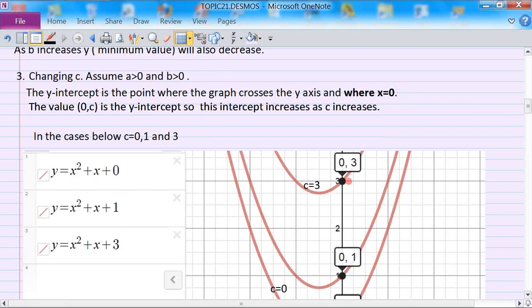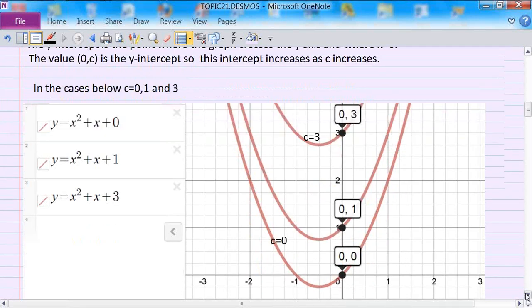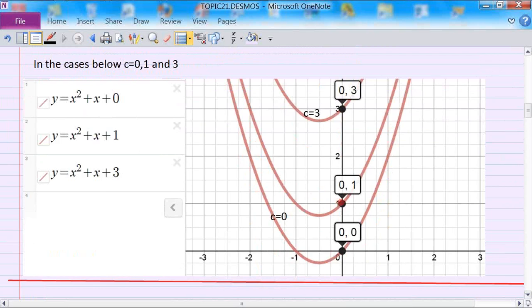So if we look at this point right here, this intercept is obtained where x is 0 along this line. So y is equal to c here. The other graph, you can see there's the y-intercept and there's the y-intercept. So here, it's y equals c.